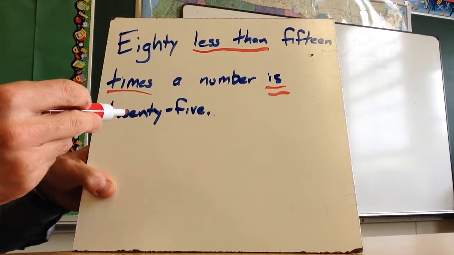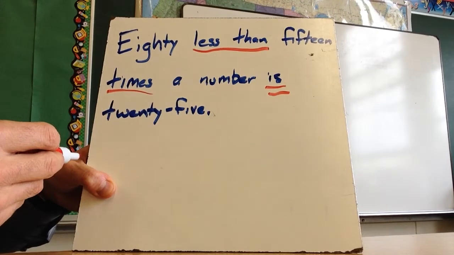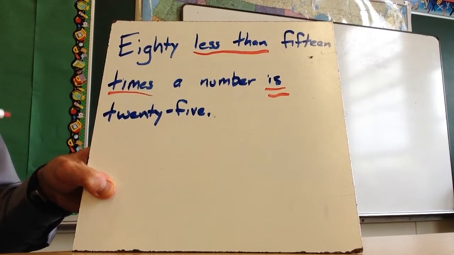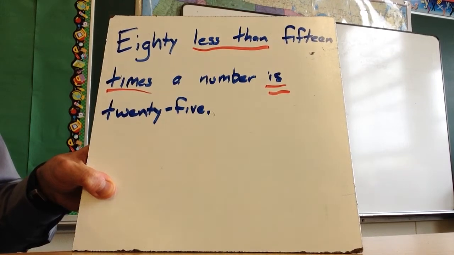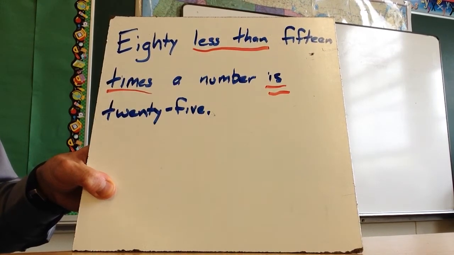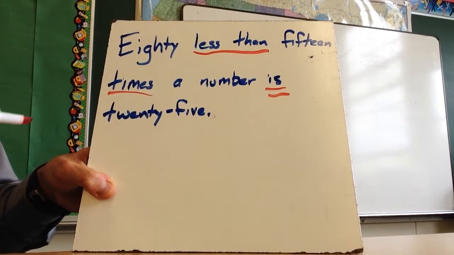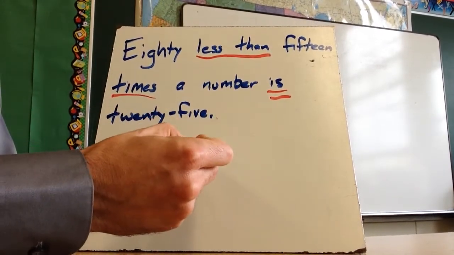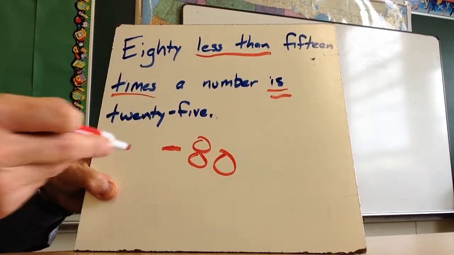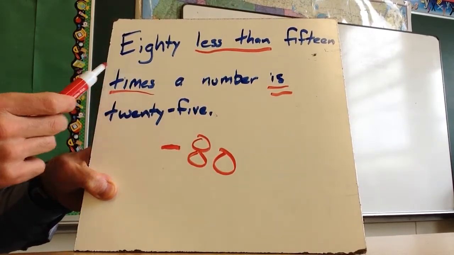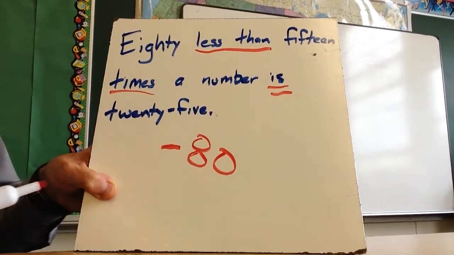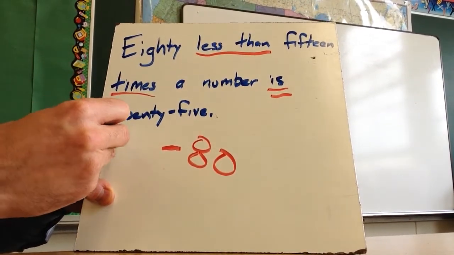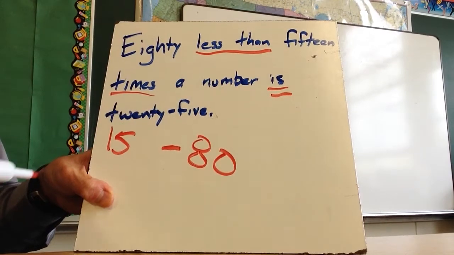So if we think about what 15 times a number is, and then 80 less than that, so if you were to say like 100, 80 less than 100 is 20, so you're going to say 100 minus 80. So this 80 is actually going to be on this side of my subtraction sign. Okay, so the confusing part here is that even though 80 is listed first, it actually comes second in our equation. 15 times a number would be 15 times, and you call this whatever you want.